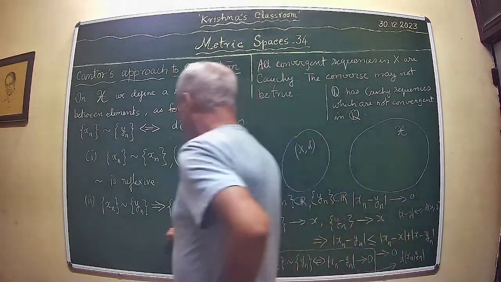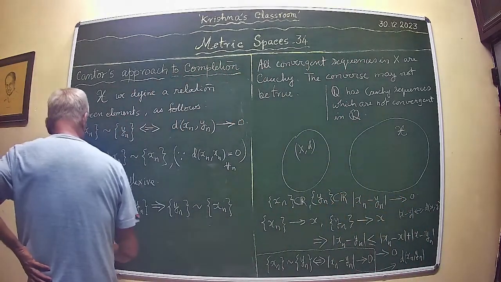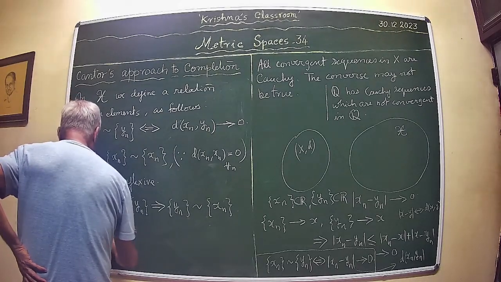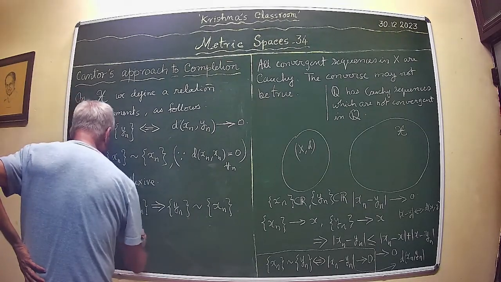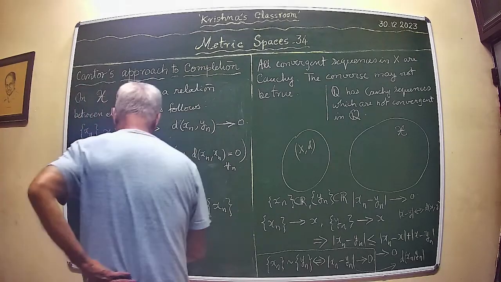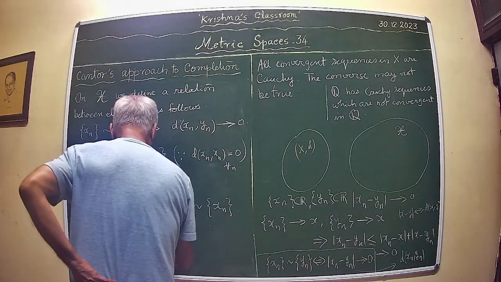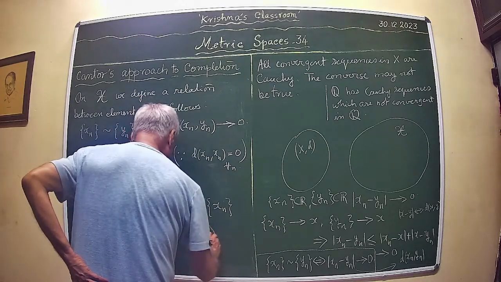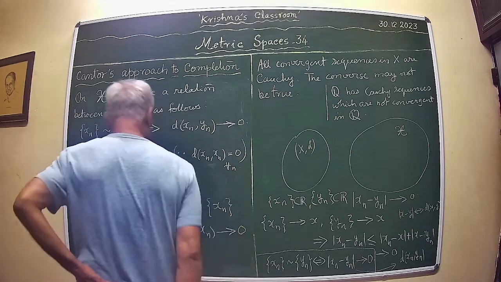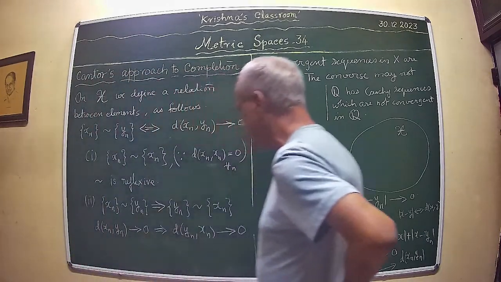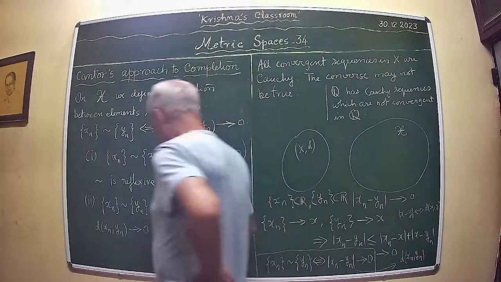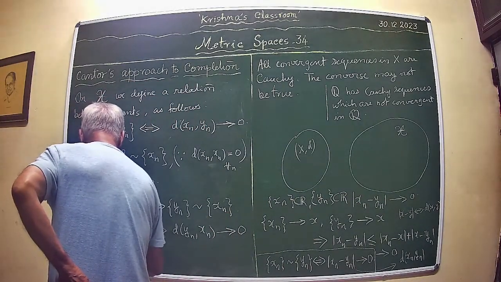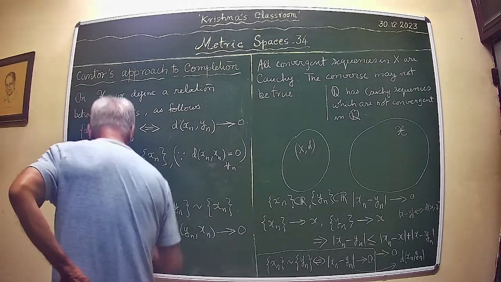That's quite easy because d(xn, yn) goes to 0 implies d(yn, xn) goes to 0, because d(xn, yn) is equal to d(yn, xn). So the relation is symmetric.